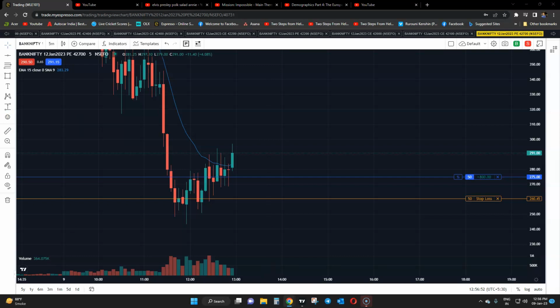We waited for so long, just wait a little more, see what happens. If the breakout holds, then it's good. If it doesn't hold, I mean, we can try again next time.